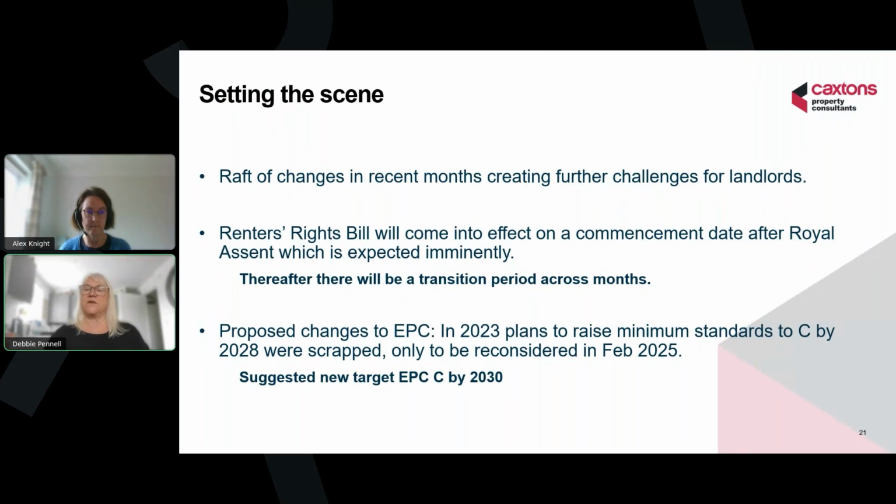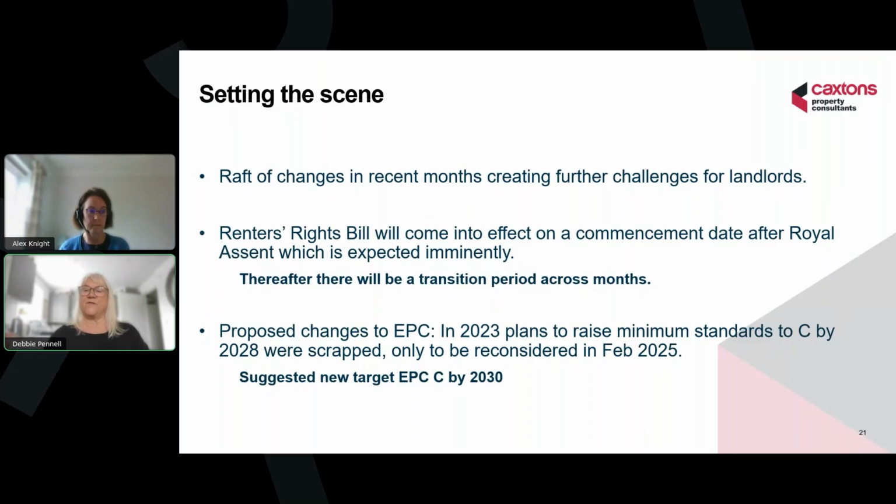That process kicks off on September the 8th, and if everything moves forward, the bill should receive royal assent by mid-September. Once this happens, it will officially become the Renters' Rights Act, likely coming into force in late 2025 or early 2026.